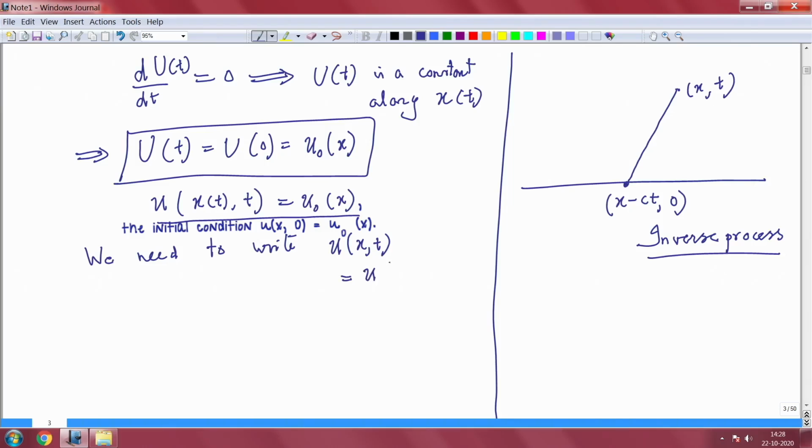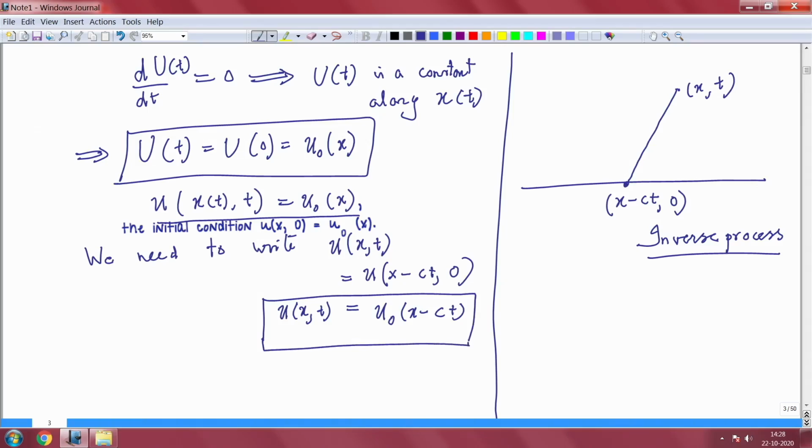So u(x, t) is equal to u of (x minus c t, 0), because along this curve it is constant. So you get u(x, t) finally equal to u naught of x minus c t. That is a very nice example.